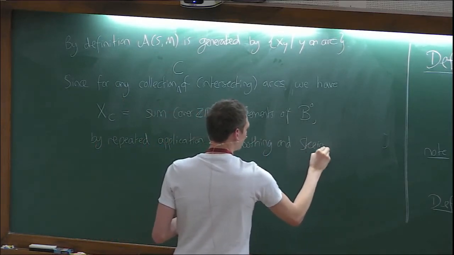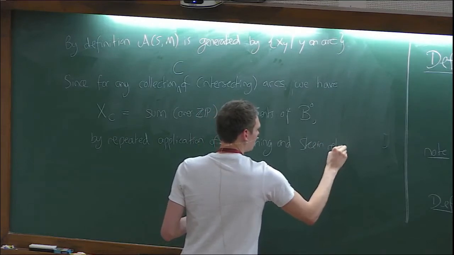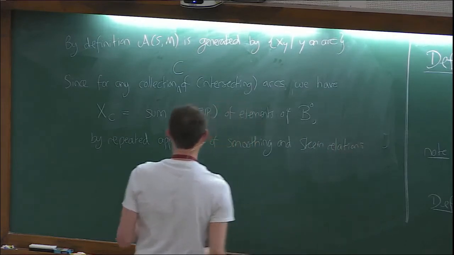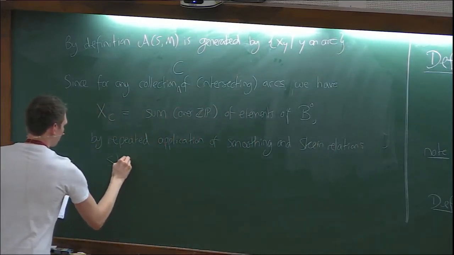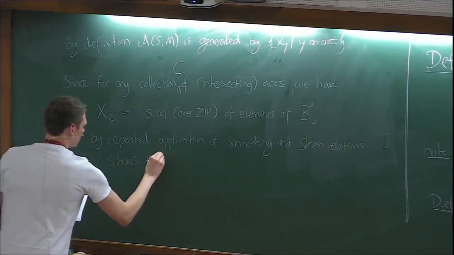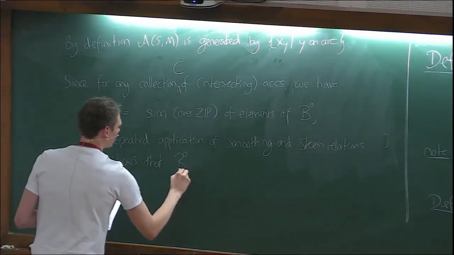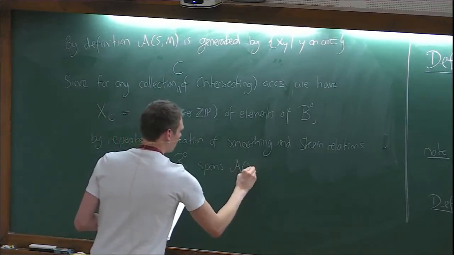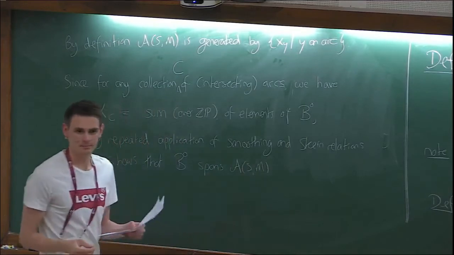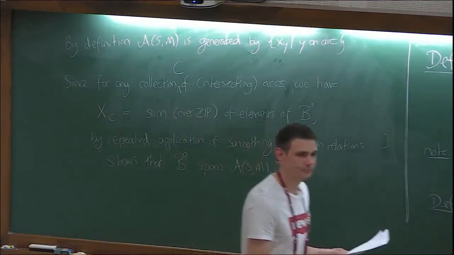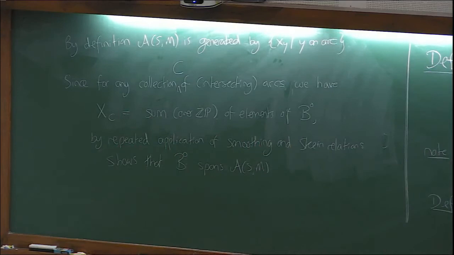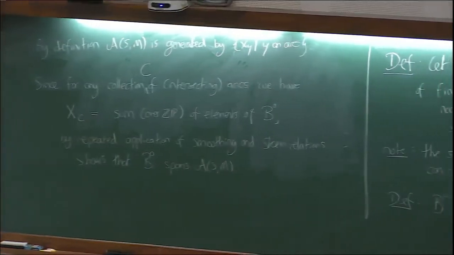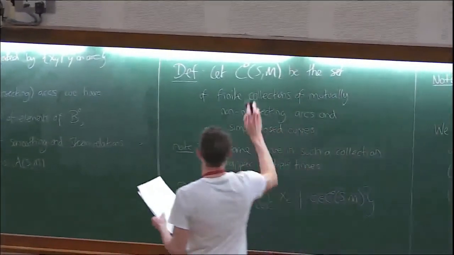So repeated application of scheme and smoothing shows that B circ spans the cluster algebra. Okay. Right, so number one is done, and we would need to move on to linear independence.